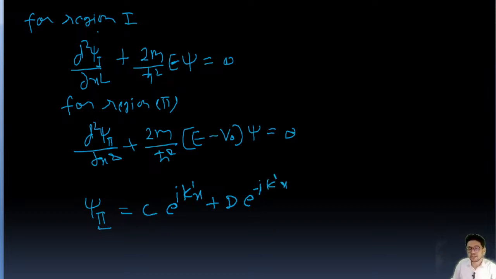So k dash is the wave vector for the transmitted wave, right?